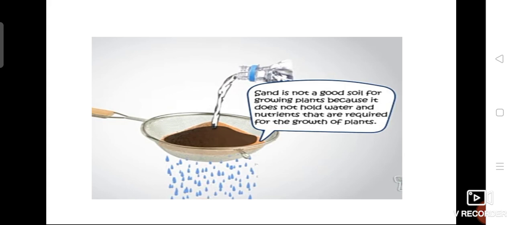If it had the capacity to hold the water, the water would not come out that much, isn't it? It doesn't have the capacity to hold the water, so the water we are pouring is exactly coming out. So sand is not a good soil for growing plants, because it does not hold water and nutrients that are required for the growth of plants. Have you all understood? Okay.